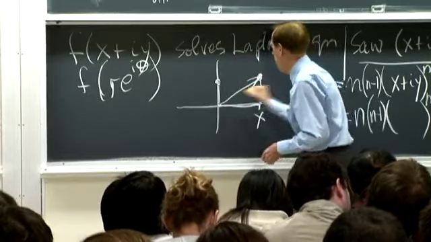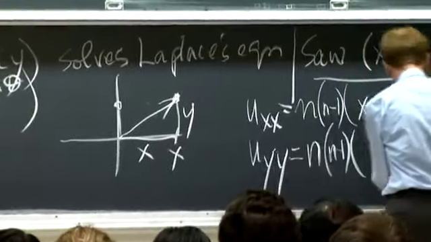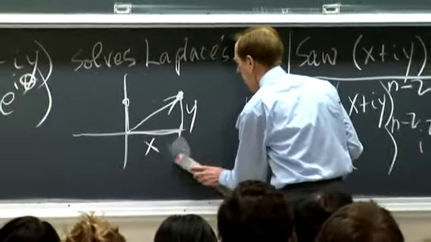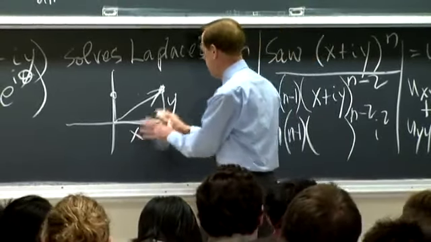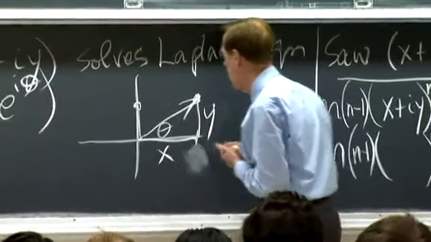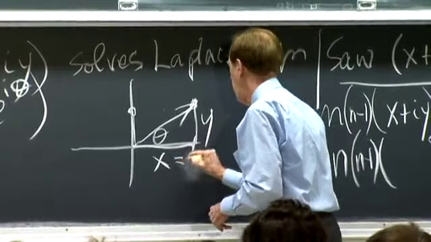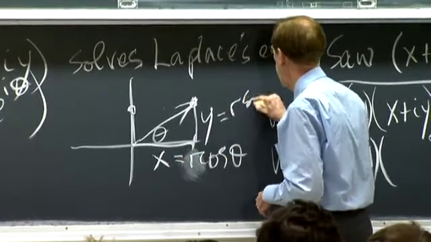But it's also, so here, let me put those in better. And there's x and there's y. And everybody knows this picture, right? That this x and this y, now if I want to go to polar coordinates, that angle is theta. This x is r cos theta. This y is r sine theta.